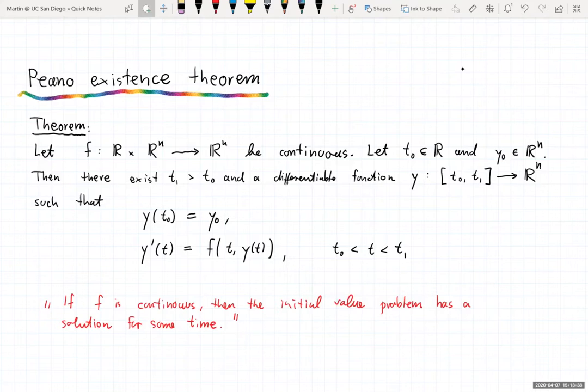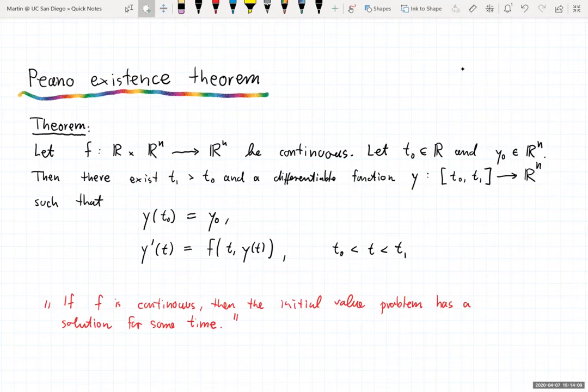What this theorem says is, if I've got this initial value problem, y of t0 is equal to y0, and I've got the differential equation with that function f, y prime of t is equal to f of t and y of t, then as long as this function f is continuous, then the initial value problem has a solution at least for some time after t0.